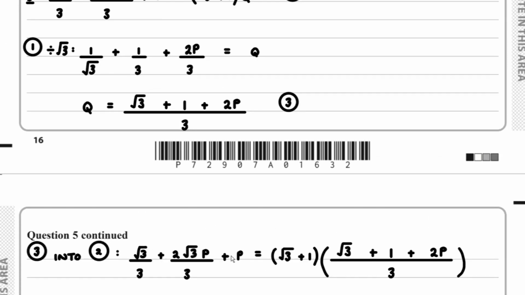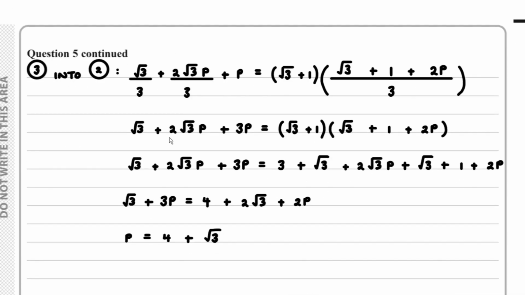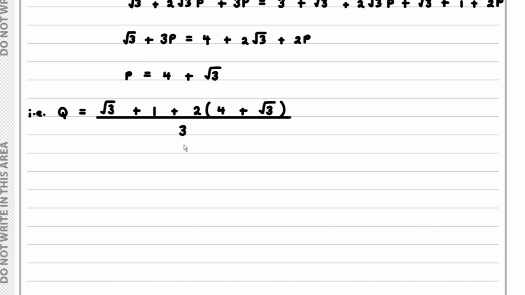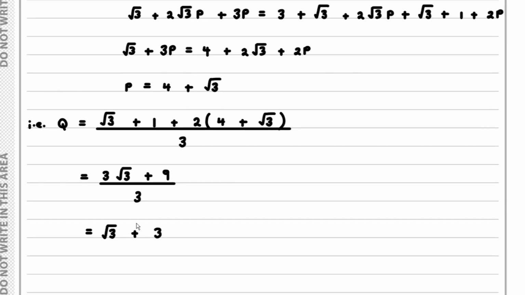And knowing what p is, we can now find out what q is. That's √3 plus 1 plus 2 times by p, which is 4 plus √3, all over 3. And if I simplify this, I get 3√3 plus 9 over 3, which simplifies even further to √3 plus 3. So that's what q is.